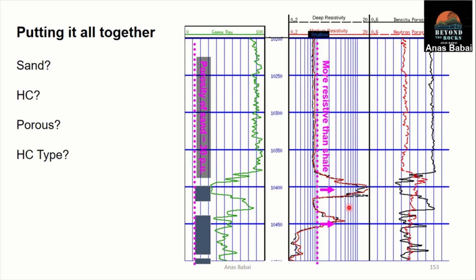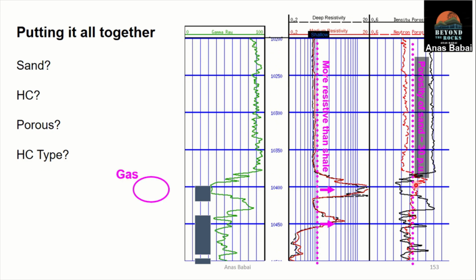Now we go to the porosity, and we saw that the porosity of sand is more than 30% in this zone.